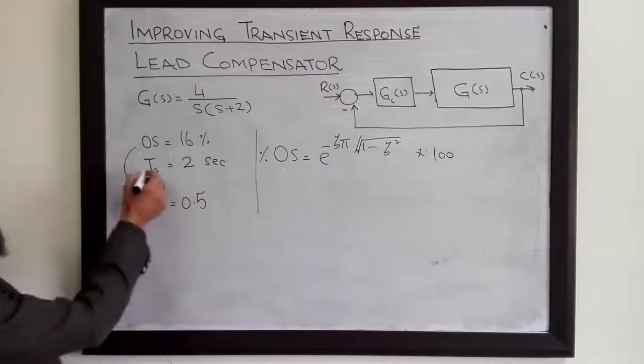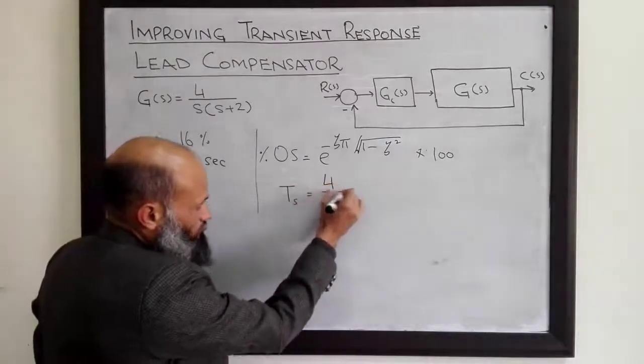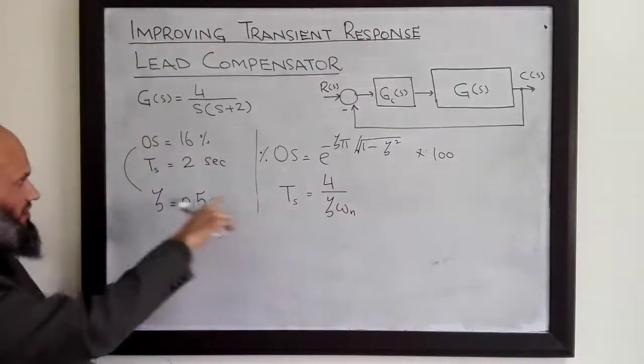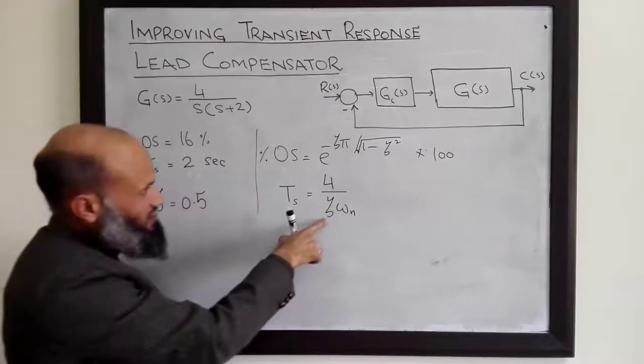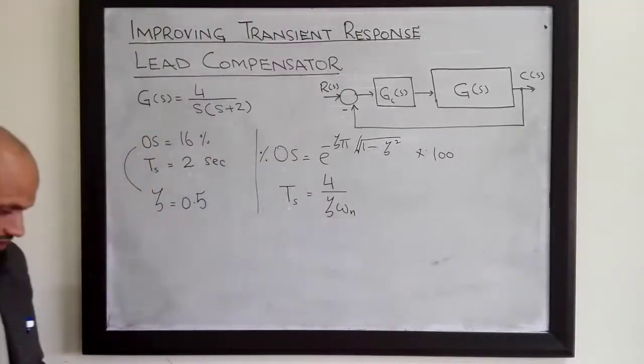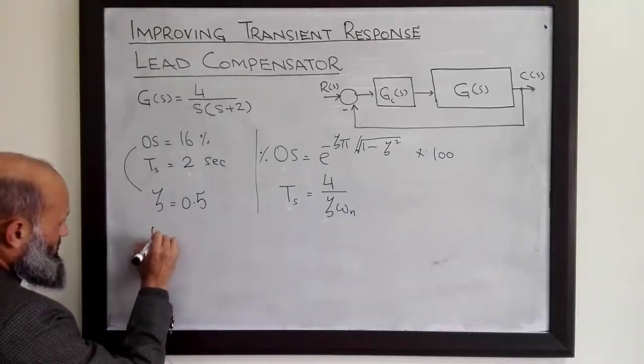And from the settling time requirement, we know that Ts is equal to 4 over zeta omega n. So required settling time is 2 seconds. Zeta has already been computed. We can compute omega n, and omega n comes out to be equal to 4 radians per second.